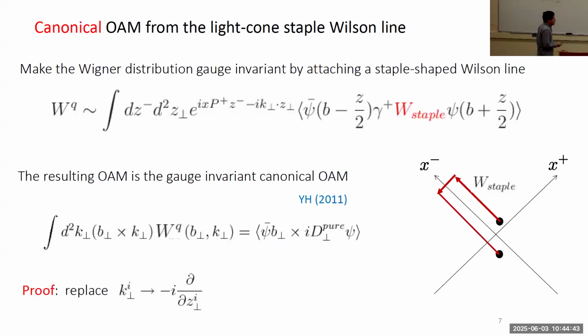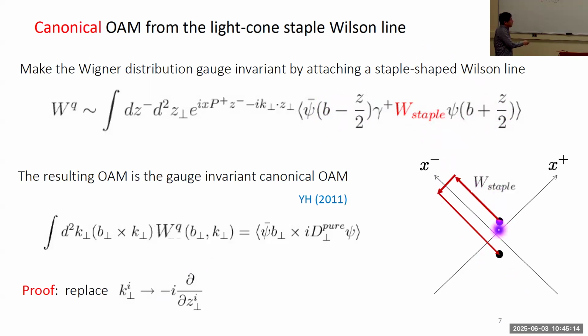So let's look at this calculation in a bit more detail. As I told you, I first have to make the Wigner distribution function gauge invariant, and I do it in the following way. It's a bilocal spinor product: you have a spinor and antispinor at one coordinate and the other coordinate. I have two points in this plane, and I attach a Wilson line, called a staple-shaped Wilson line.